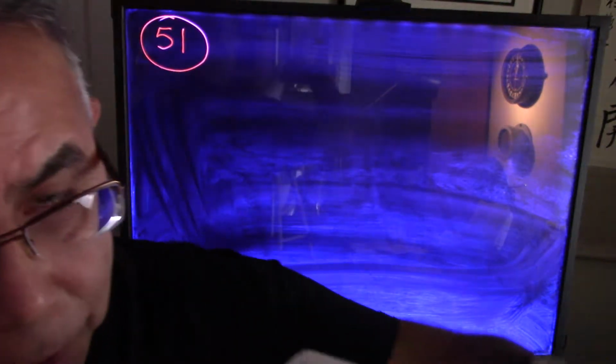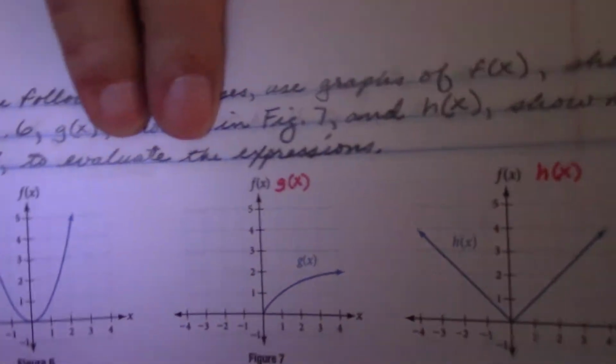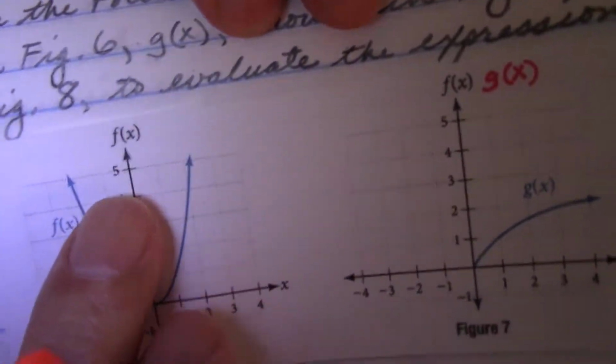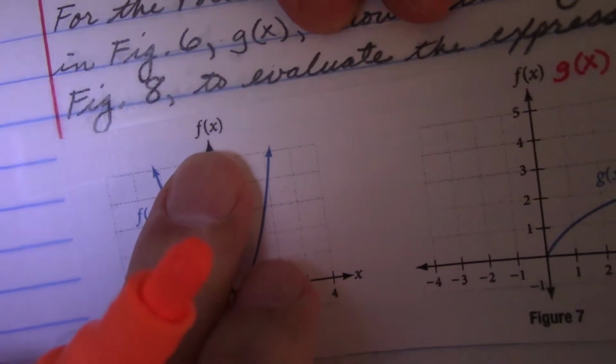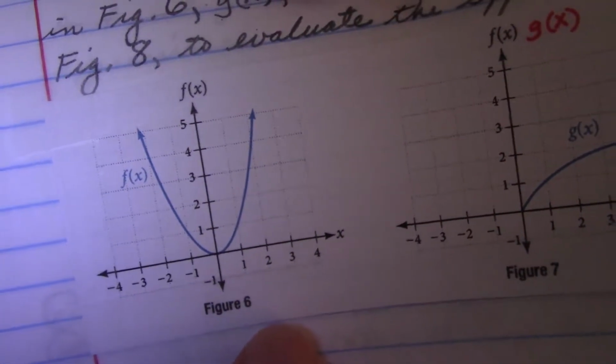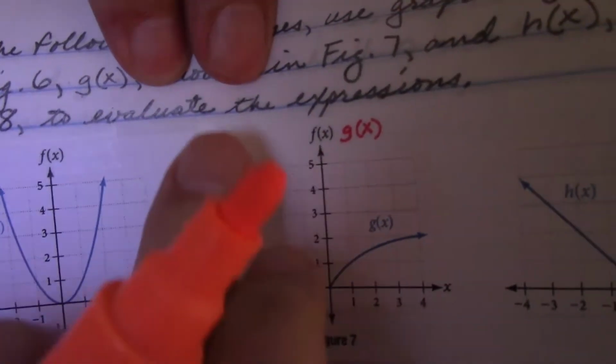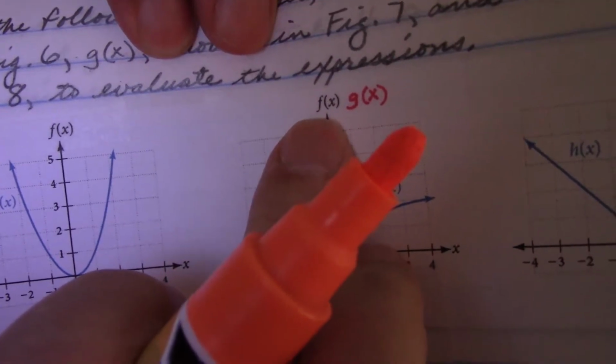Okay, number 51. It says for the following exercises use graphs of f of x shown in figure 6, g of x shown in figure 7, and h of x shown in figure 8 to evaluate the expressions. So let's look at these graphs. If we look here, we've got f of x, figure 6, g of x, that's labeled f of x on the y-axis.